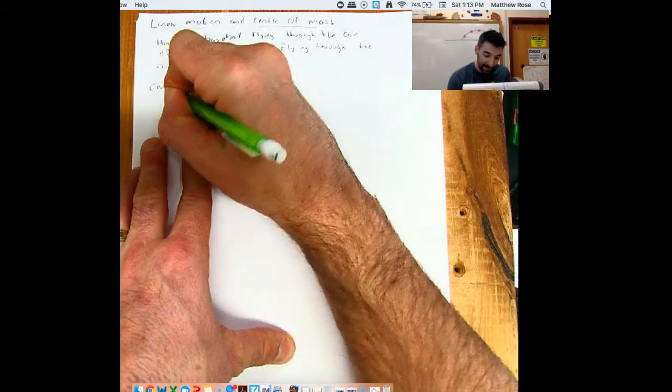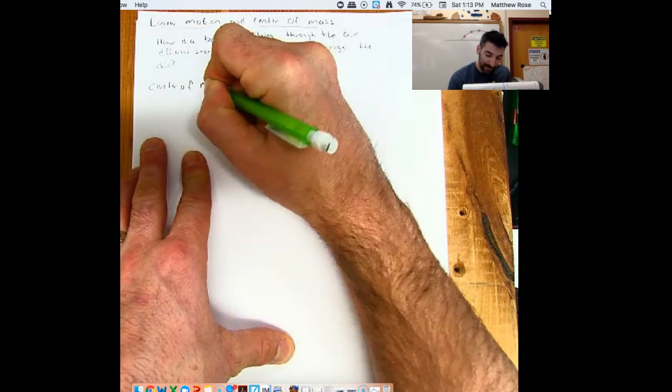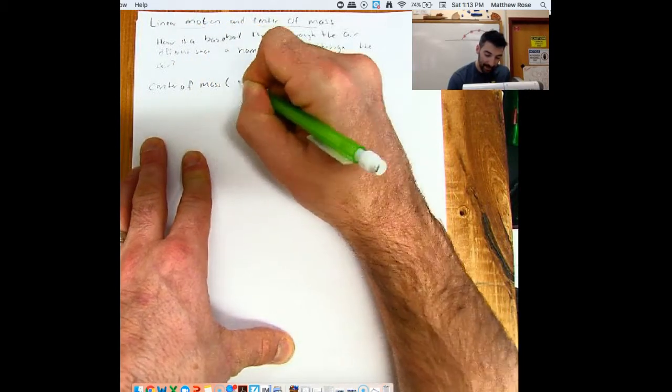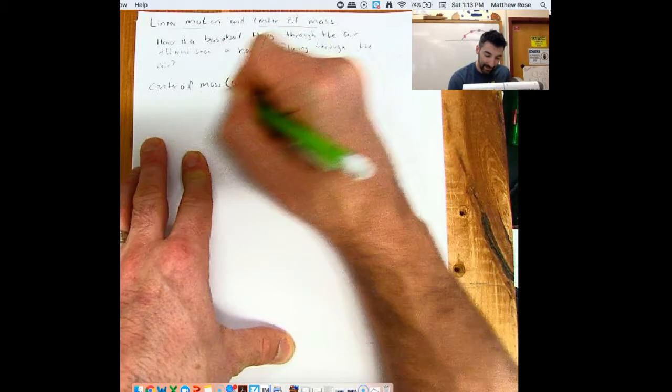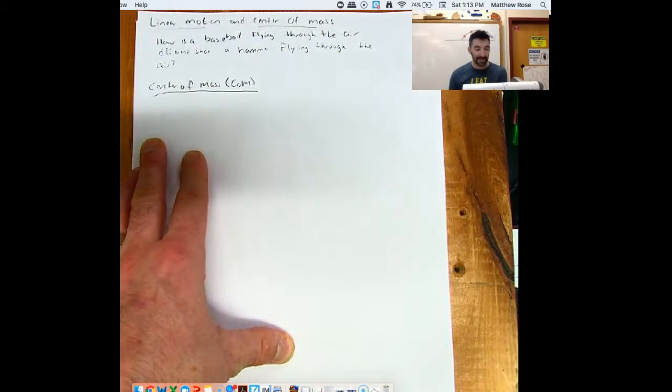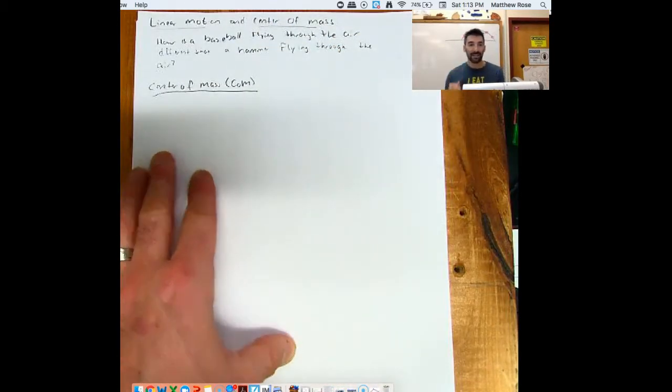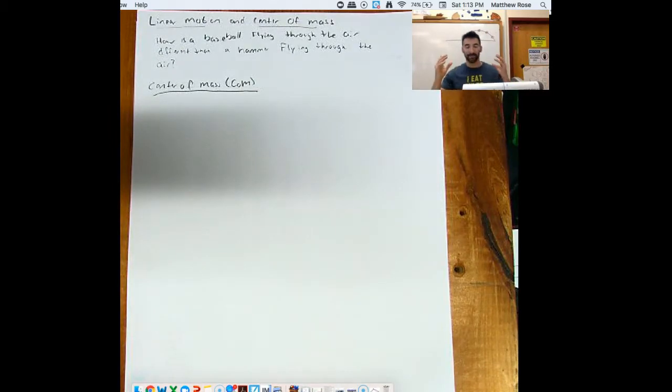Well, a center of mass, which I'm going to abbreviate COM as standard, acts as if a system of particles, so to speak, is all concentrated in one spot. Everything is going to travel around that.